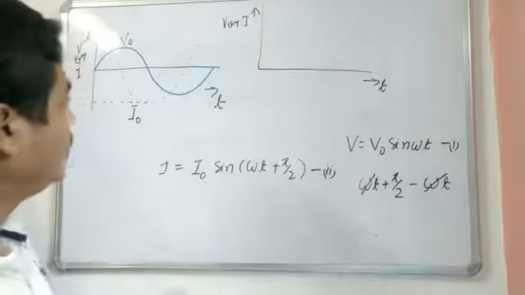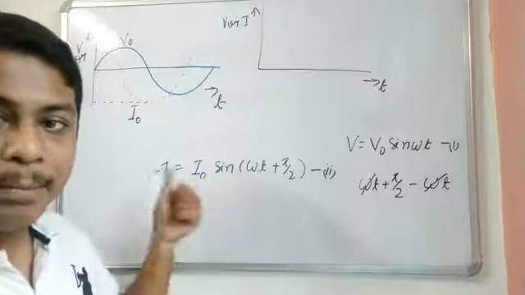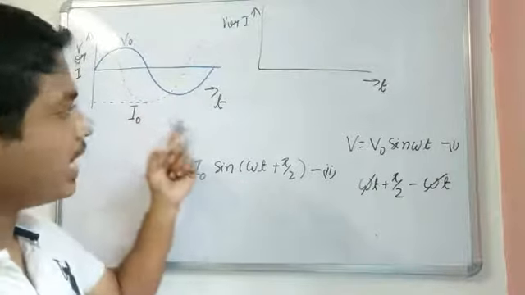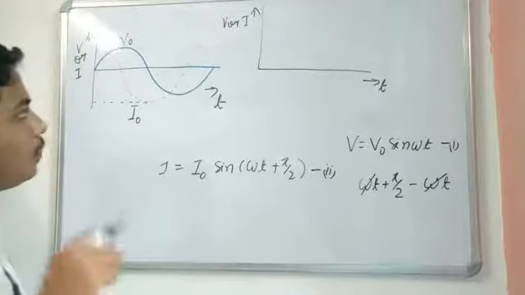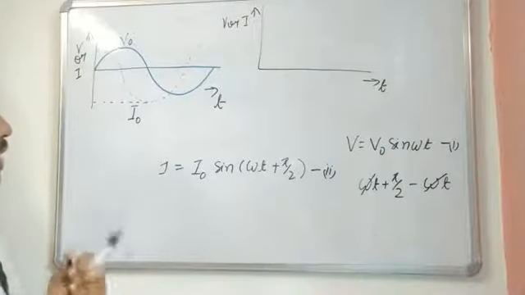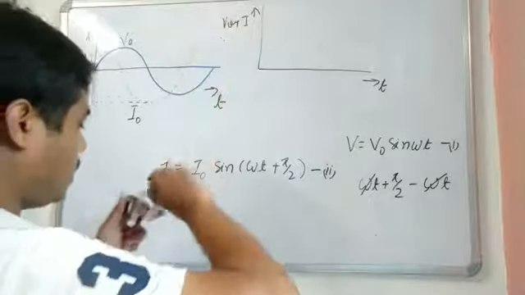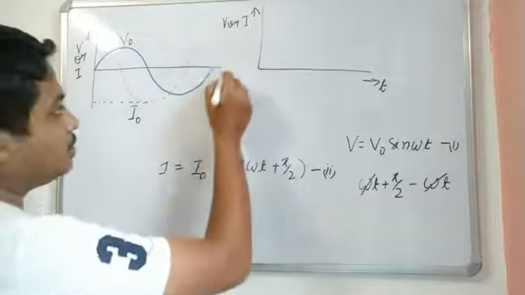Clear? Now what we have to do, this current is leading by pi by 2 and the voltage is lagging behind by pi by 2. So what we'll be doing now, the dotted line that I have drawn, suppose the red line that I have drawn, you extend a line from here.